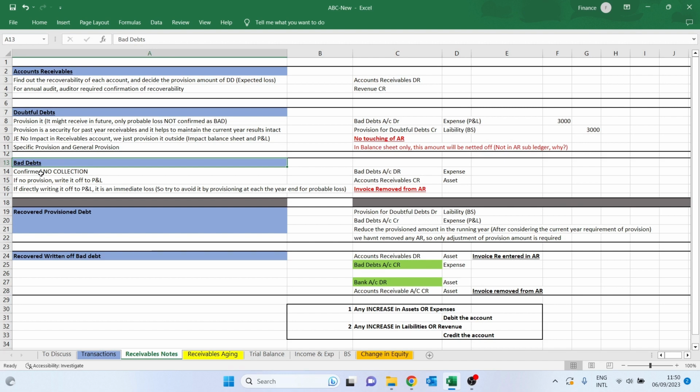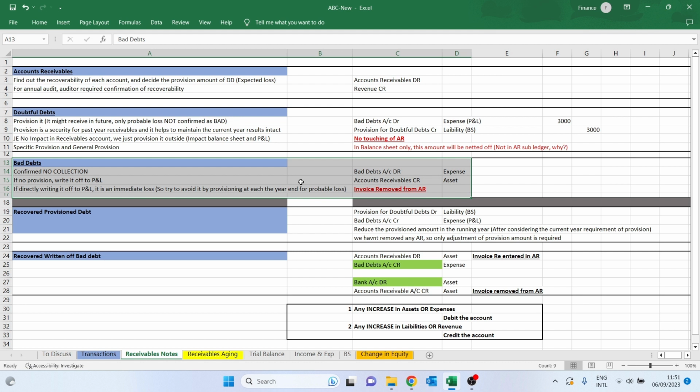In our balance sheet, look whether there is a provision in earlier years against this or not. If you have already provided a provision in earlier years, either specific or general provision, we are lucky.